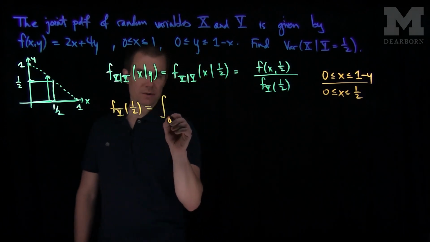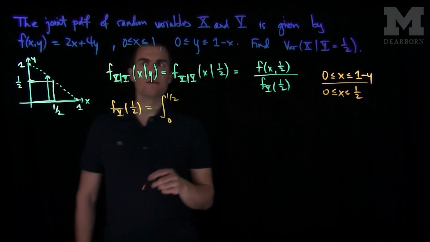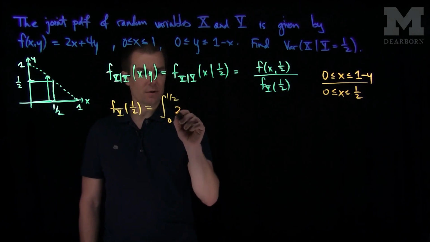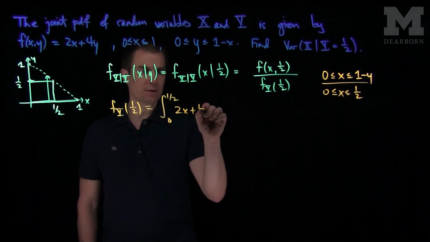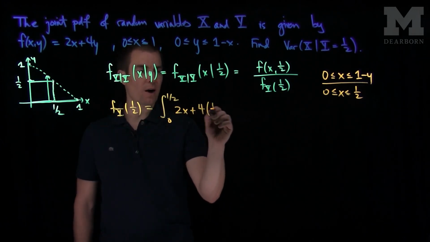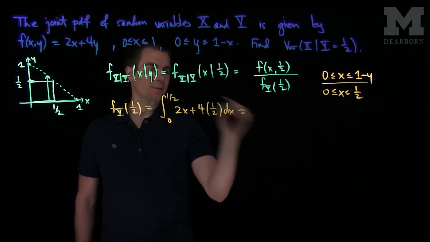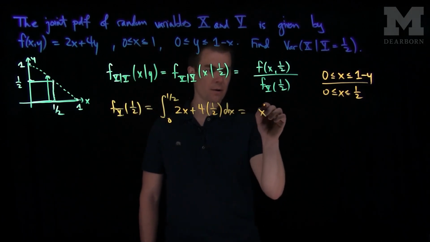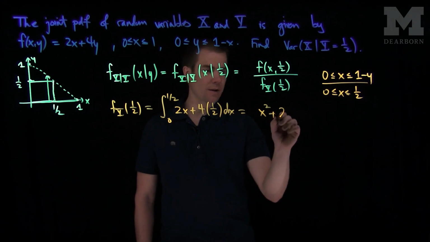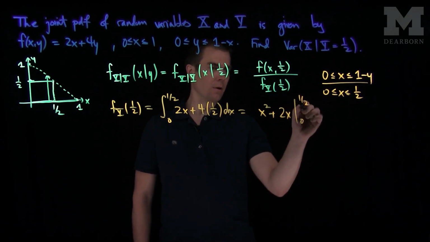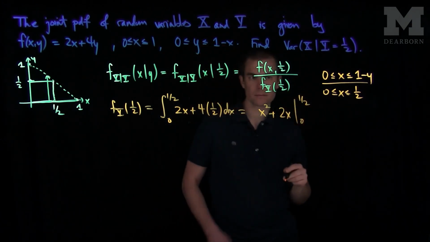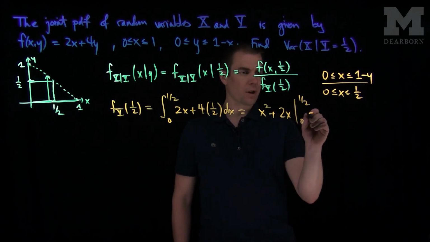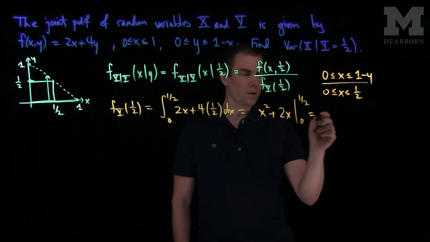So I'll integrate from 0 to 1/2, and then I'll plug in my joint PDF. So I'll have 2x plus 4 times y, but we know that y is 1/2, dx. So this will be x squared plus 2x from 0 to 1/2. And so now when we plug in 1/2, I get 1/4 plus 1, so that's 5/4.